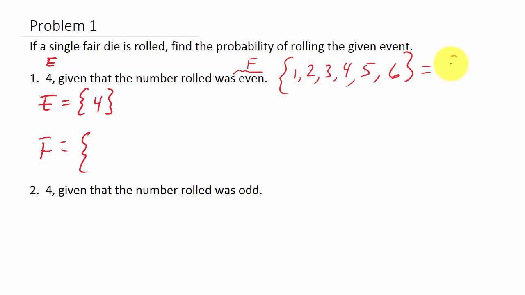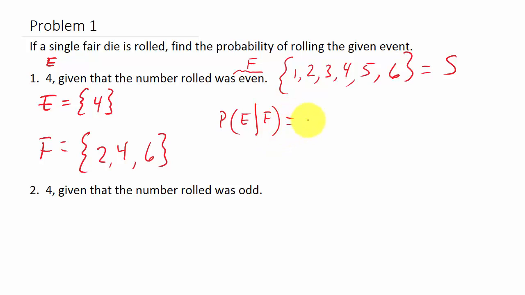This would actually be the sample space of rolling a die. But the event F is just an even number, so that means we roll a 2, a 4, or a 6.